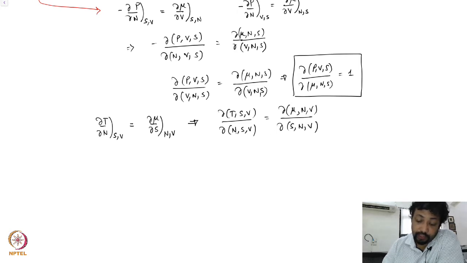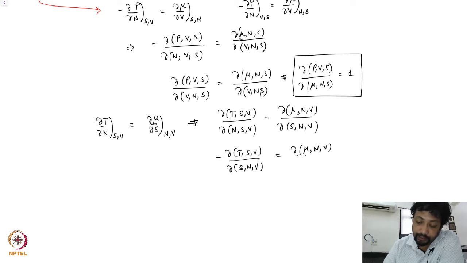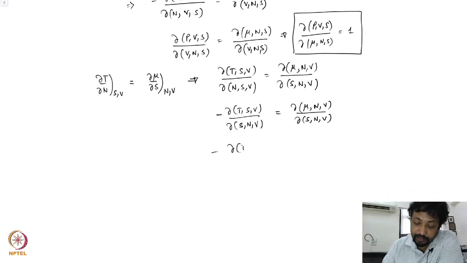Okay, so now if I interchange N and S, this becomes S,N,V, but I bring a minus sign in front of it, is equal to del mu,N,V, del of S,N,V, and therefore I have minus del T,S,V, del of mu,N,V is equal to 1.